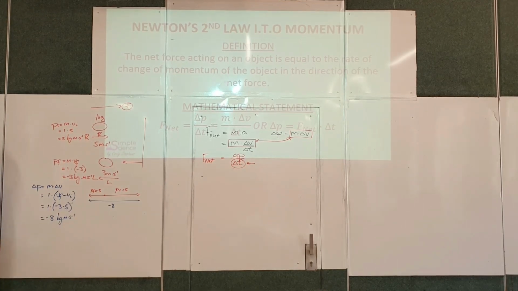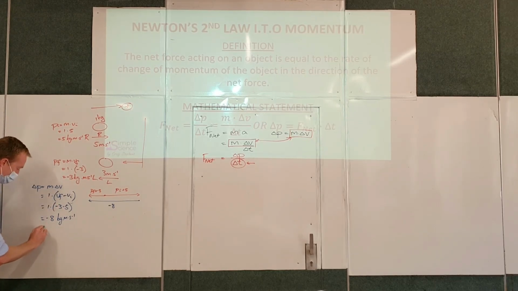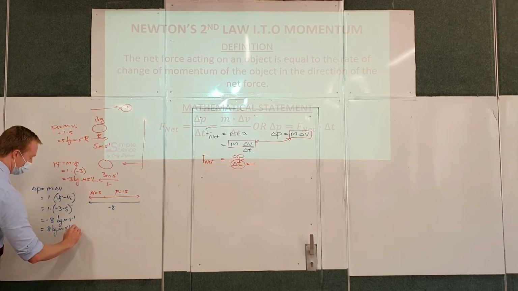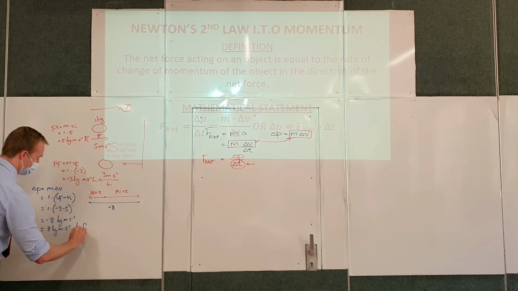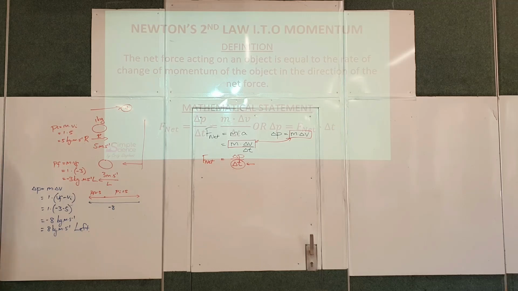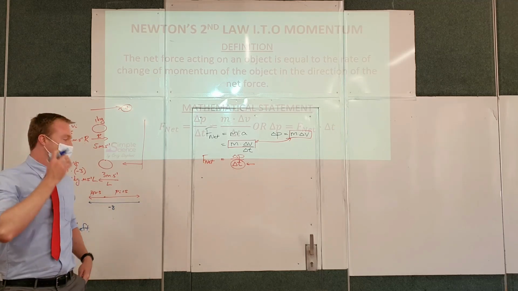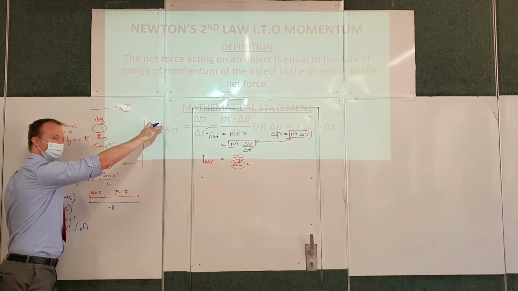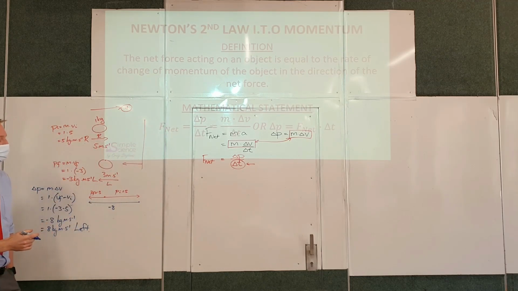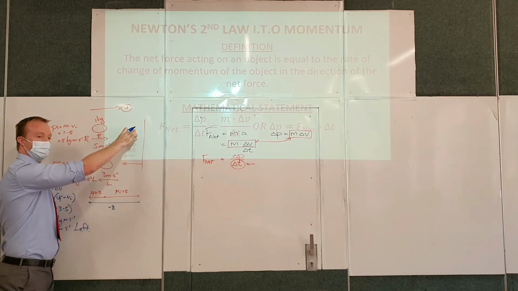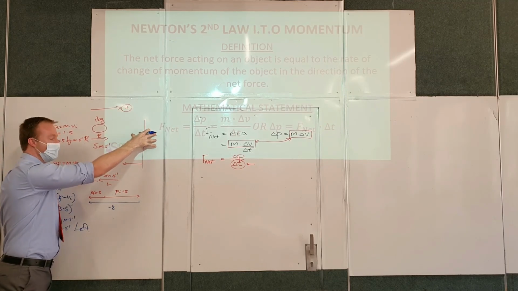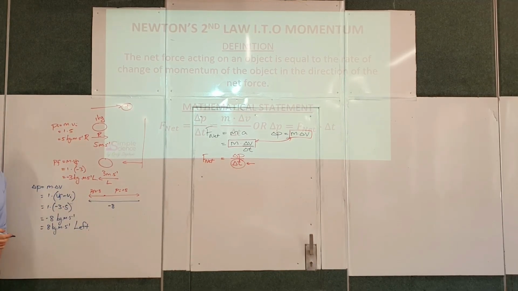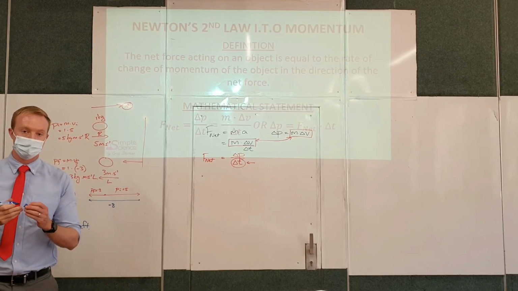We try not to leave answers in the negative form, so we can rewrite this as 8 kilogram meters per second, and that is then in the negative direction, so to the left. Essentially what we're saying here is that this ball, in order to go from 5 meters per second to the right to 3 to the left, had to first lose 5 kilogram meters per second to the right, and then gain 3 kilogram meters per second to the left. So its total change was 8 kilogram meters per second.